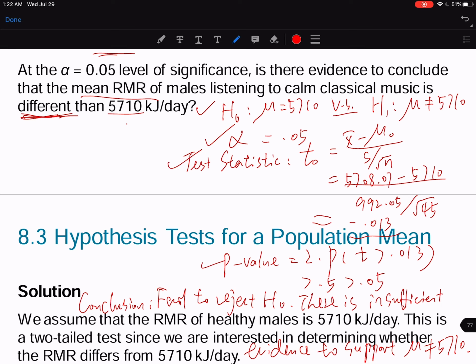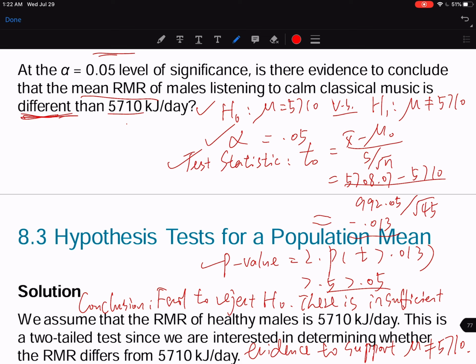If you want to find the p-value from the t-table, sometimes you are not able to find the exact p-value, but at least you can find the interval like what we just did over here. If you have any problems with how to work with the t-table, feel free to email me or just come to my office hours.